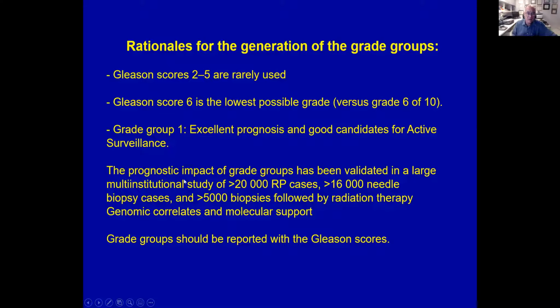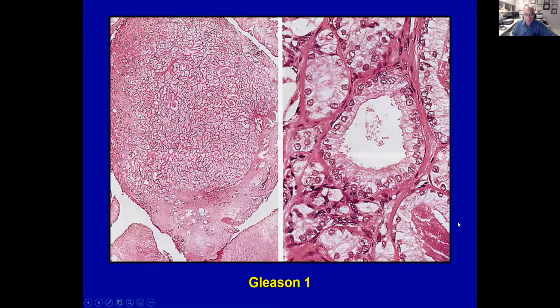And then this prognostic impact was done in a multi-institutional validation with thousands of cases with radical prostatectomies, needle biopsies, and also following radiation. So this new grouping has been very carefully evaluated, and nowadays we are reporting them, but the recommendation is also to associate our reports with the Gleason scores.